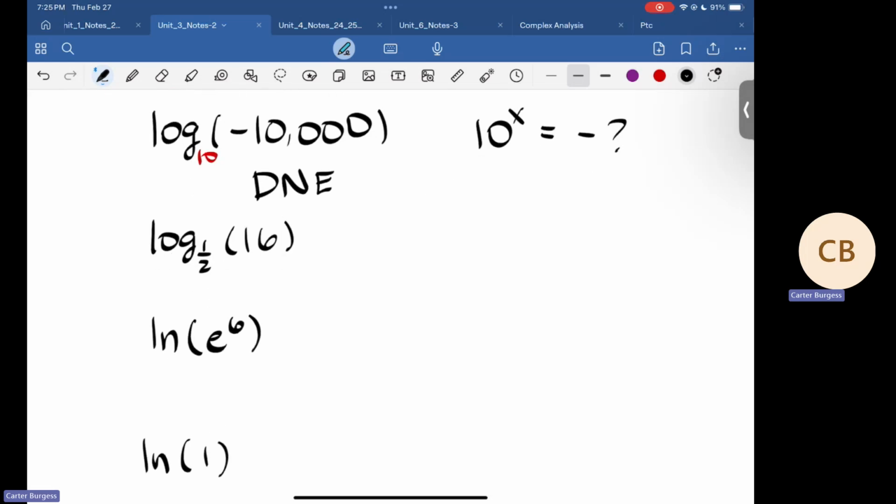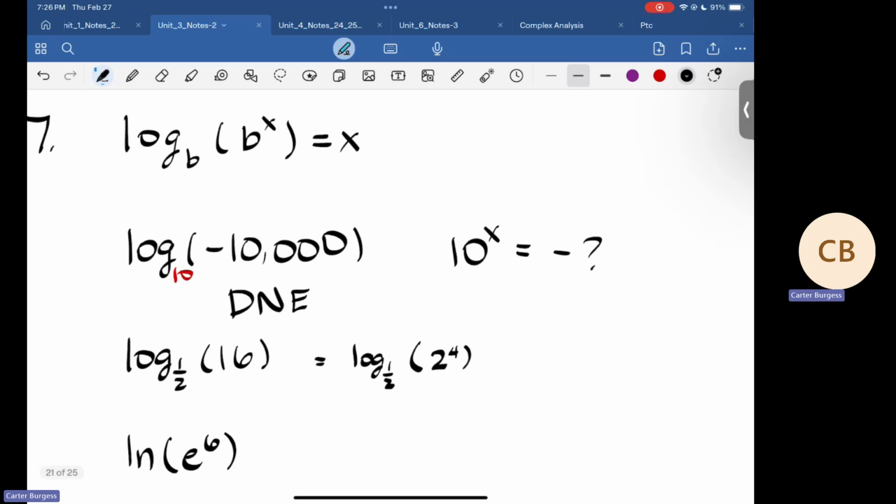All right. Log base 1/2 of 16. Okay. So what I can do, I know I can get 16 pretty close to 2. So for instance, I could think of this as log base 1/2 of 2 to the power of 4. And that's almost the same. We can almost use our property here, but you'll notice that 2 and 1/2 clearly are not the same.